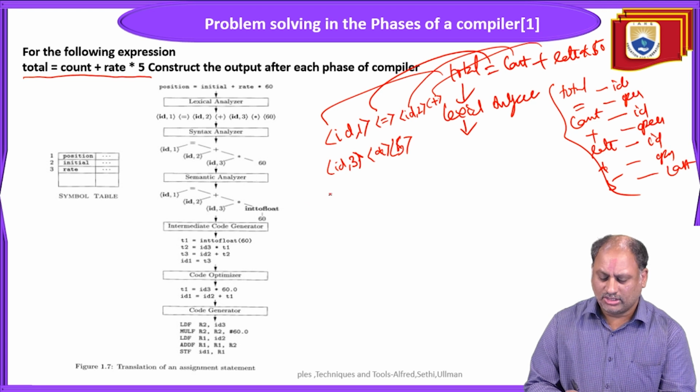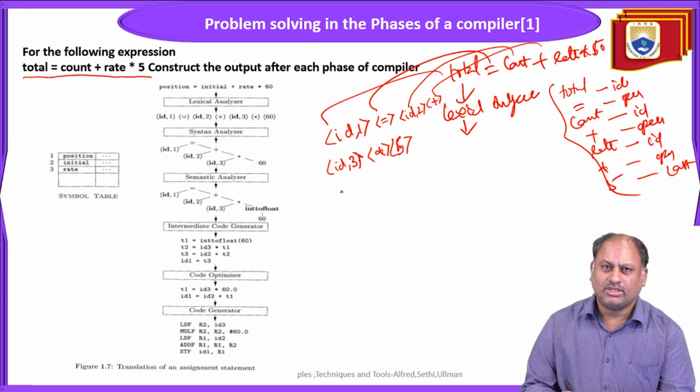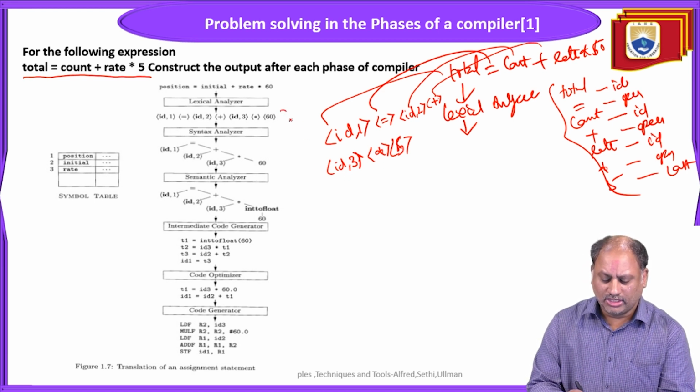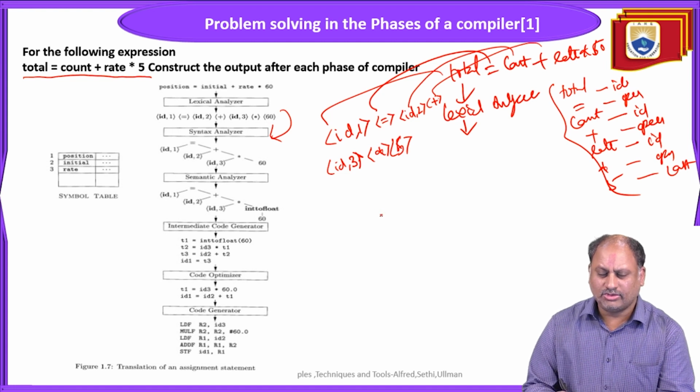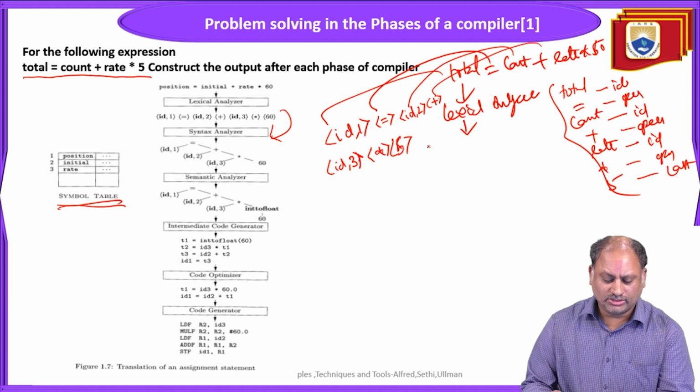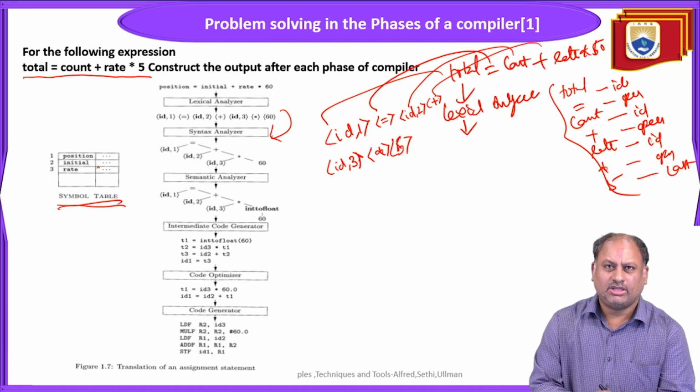Like this, the information is to be separately written with the corresponding entries. This is to be sent to the next phase of the compiler, where it will construct a tree. We know the structures of the postfix notation that we can use. Like this, the symbol table information is also to be maintained. On the left side we have the symbol table, and on the right side the error handling mechanism.